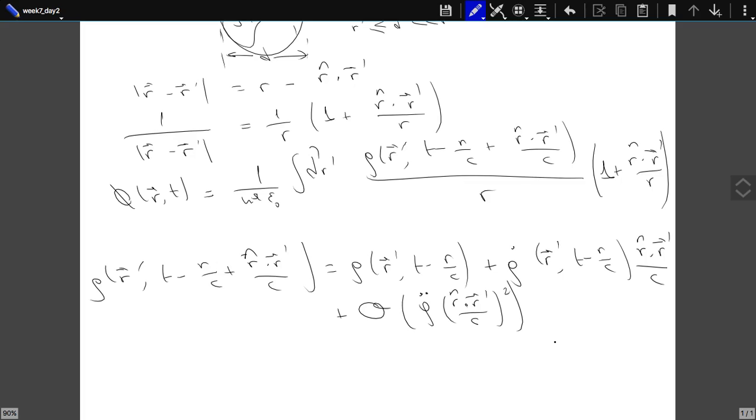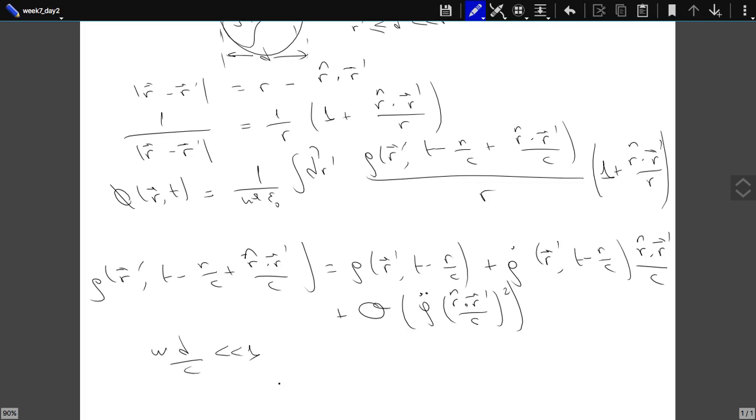Well, what this basically means is if you just take rho to be some charge density that changes harmonically, rho double dot is nothing but omega squared rho. So what we are basically assuming is omega d over c is much, much less than 1. This number over here has magnitude 1, this has magnitude less than d, let's say.